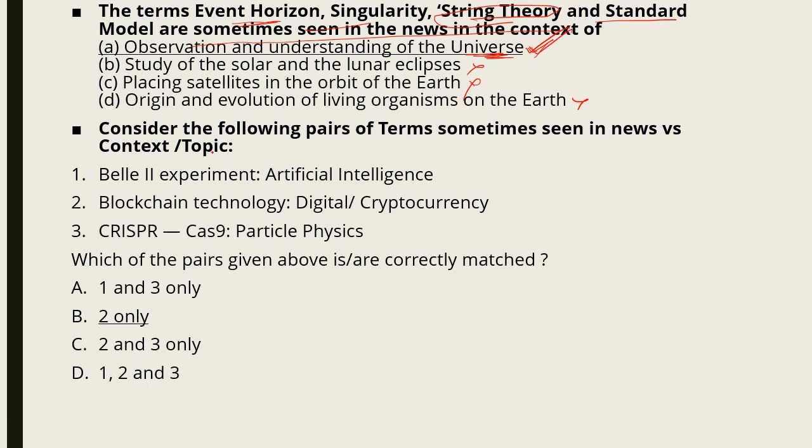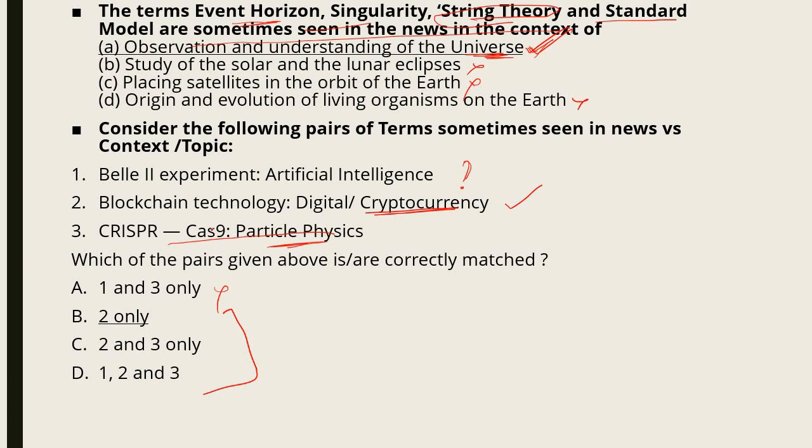We'll see the second question. Consider the following pairs of terms seen in the news. Belle experiment, we'll put a question mark, we don't know whether this is right or wrong. Blockchain technology, cryptocurrencies, so definitely we know 2 is correct. So the answer can be from these 3. CRISPR-Cas9, particle physics.